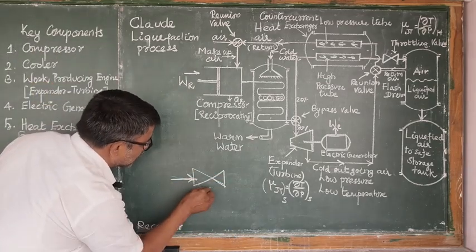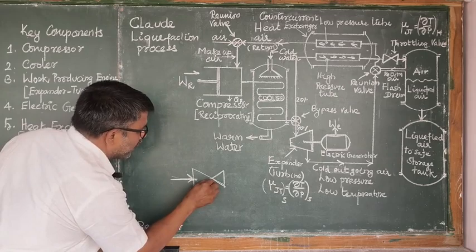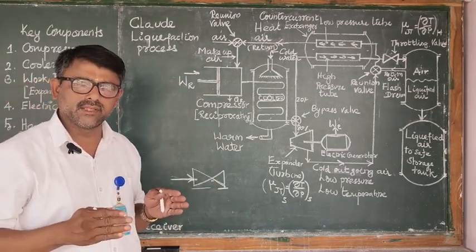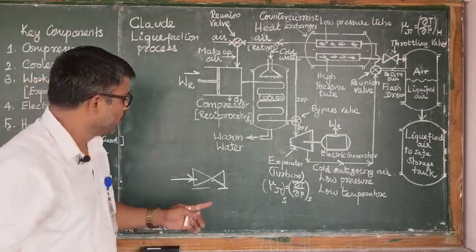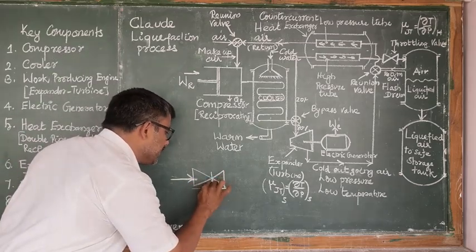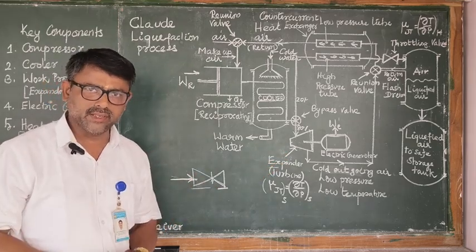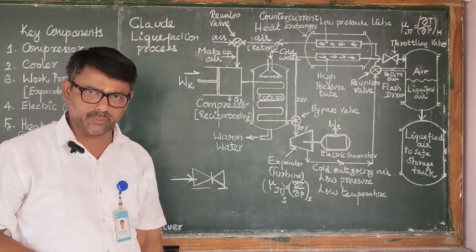This is the convergent section. This is the throttle area. This is the divergent section. Once air enters this region, all of a sudden it expands. Due to sudden expansion, there is a drastic decrease in temperature.